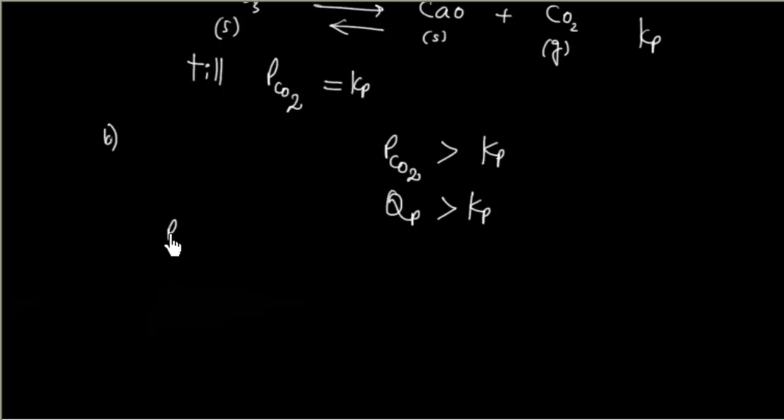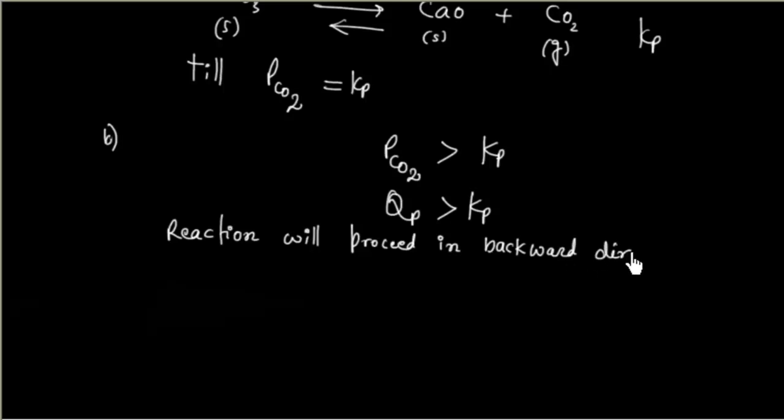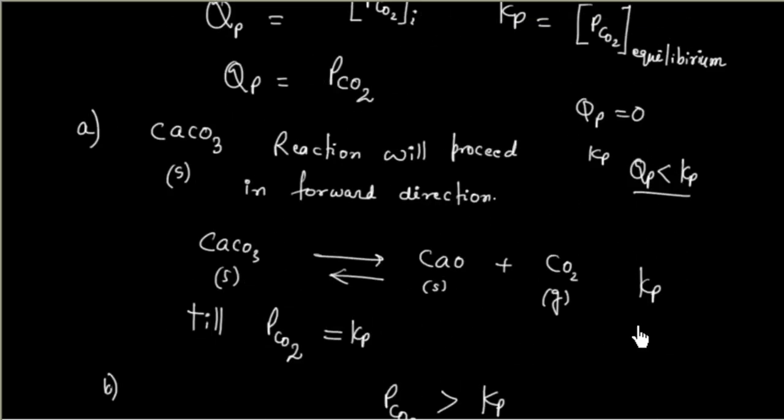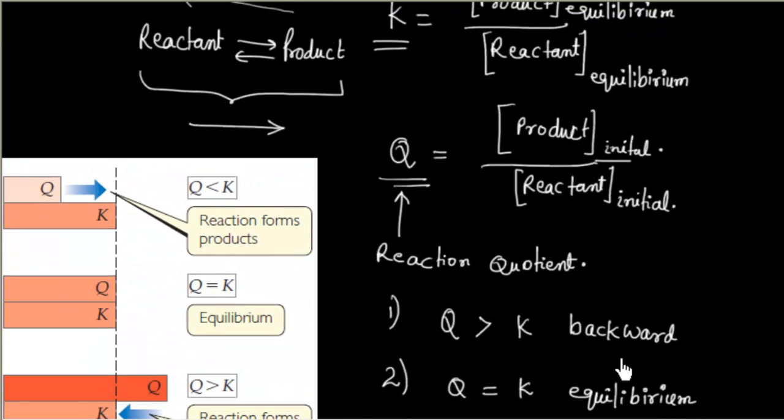So in this case, the reaction will proceed in the backward direction. Now initially we have some CaO and CO2.